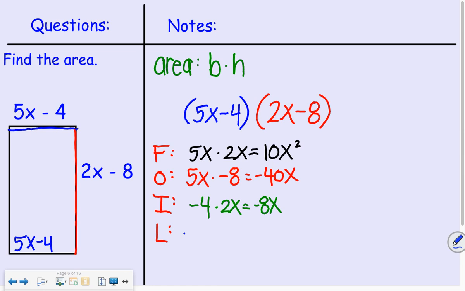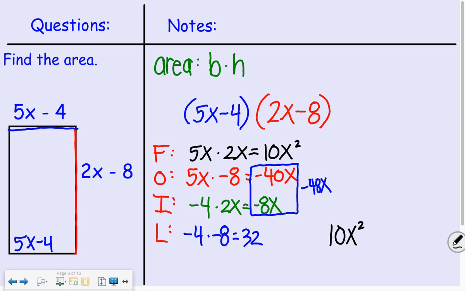And last is negative 4 times negative 8, which is 32. If I combine my O and I, I get negative 48x. So then my answer is 10x squared minus 48x plus 32.